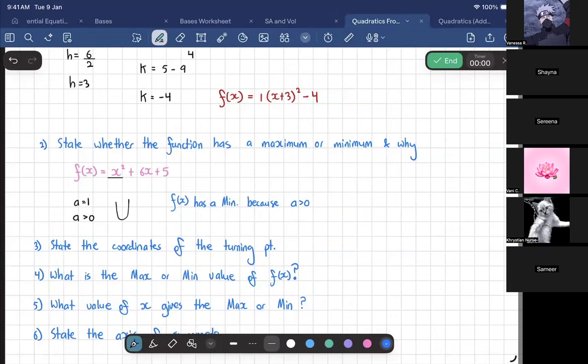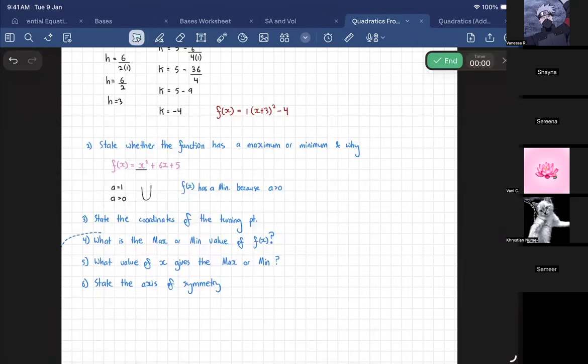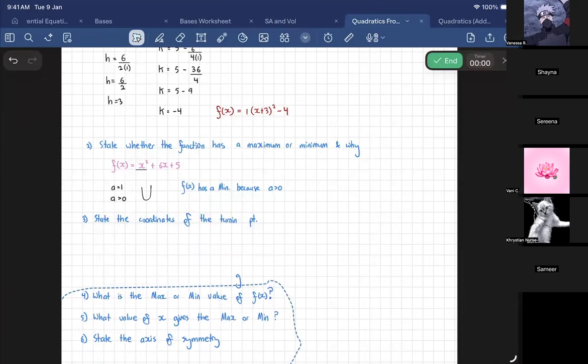And so f of x has a minimum because a is more than 0. Everybody okay with that? Yes, sir. Blessings. Let's move on to 3 now.